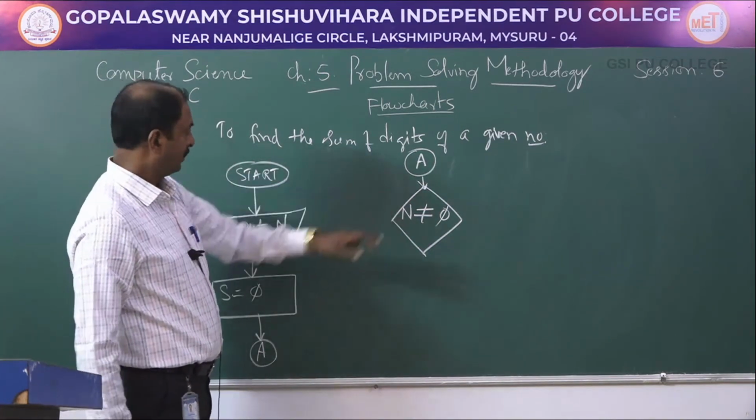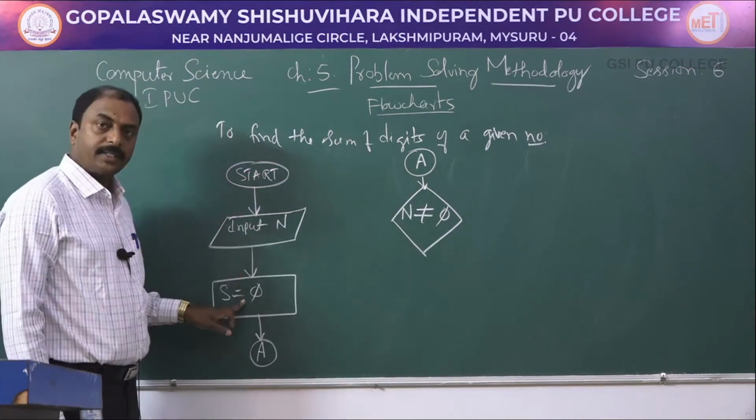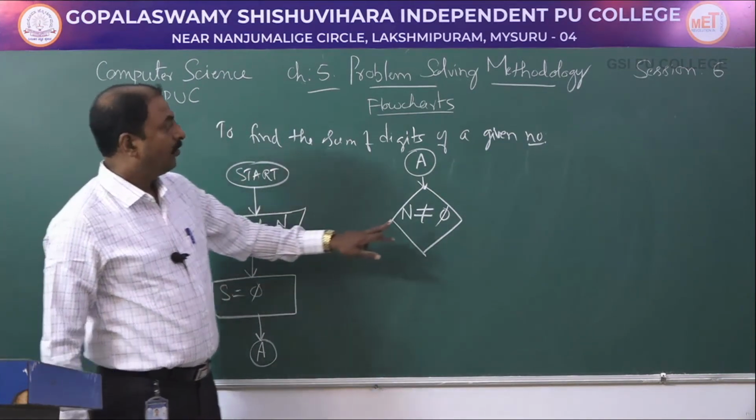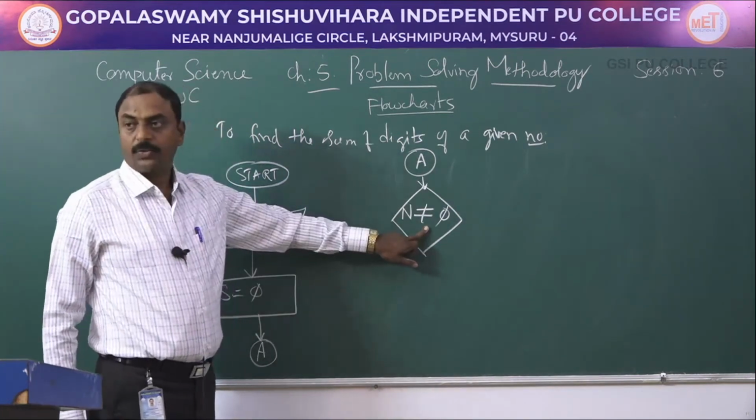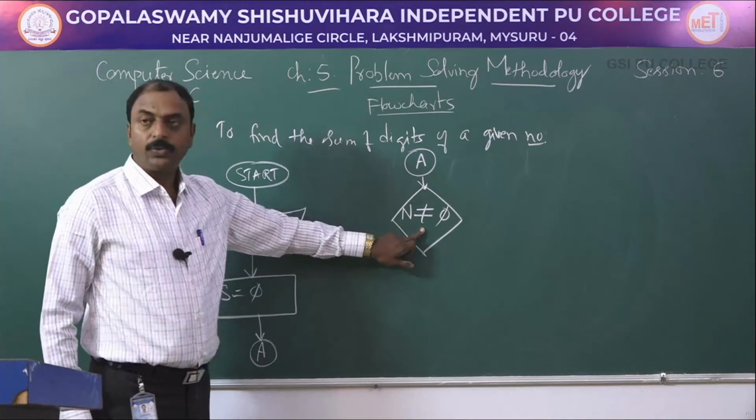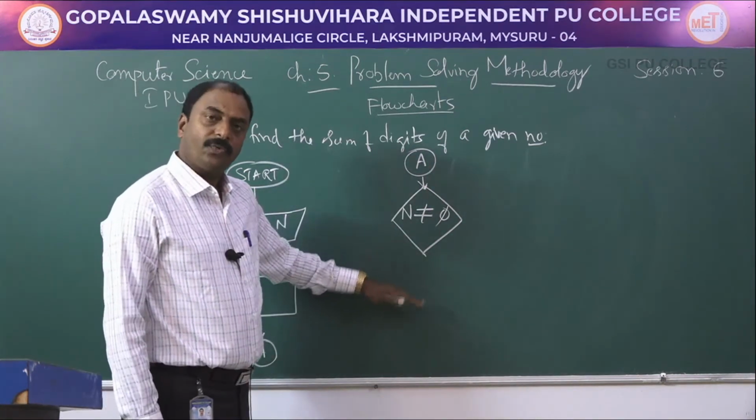A is the connector. So input a number, let the sum be 0 at the beginning. We have to check whether the given number is not equal to 0. If this number is not equal to 0, we have to follow the following steps.